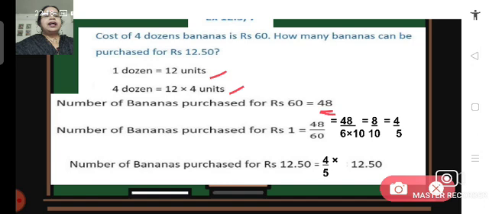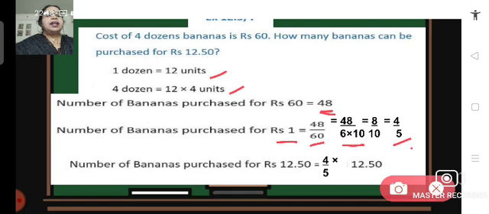So the number of bananas purchased for rupee 1 will be 48 upon 60. 48 upon 60 can also be written as 48 upon 6 into 10, which becomes 8 upon 10, because 8 times 6 is 48, isn't it? So it becomes 8 upon 10, which when reduced to lowest terms becomes 4 upon 5.